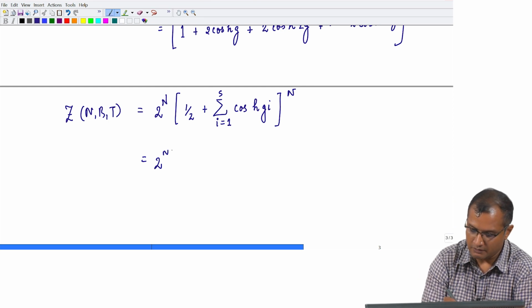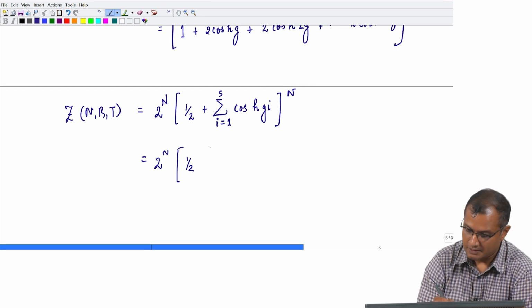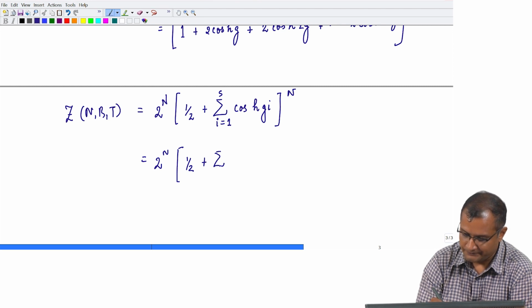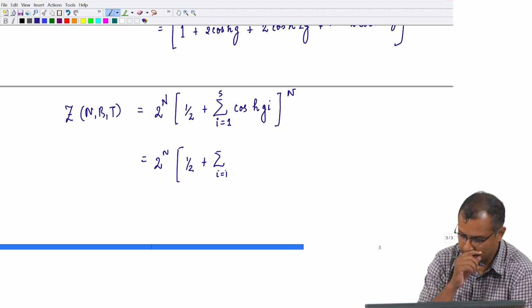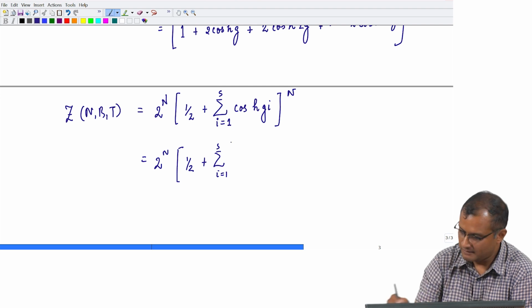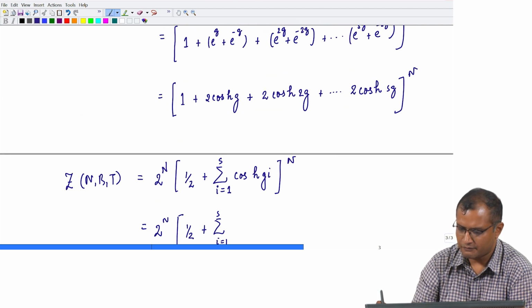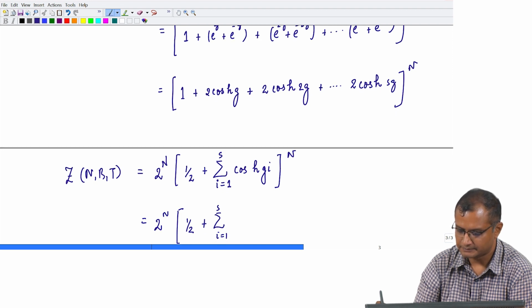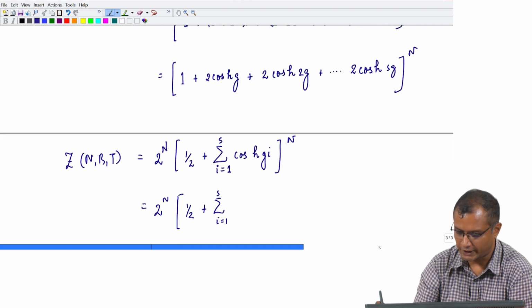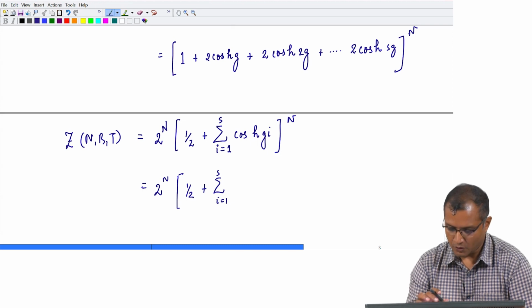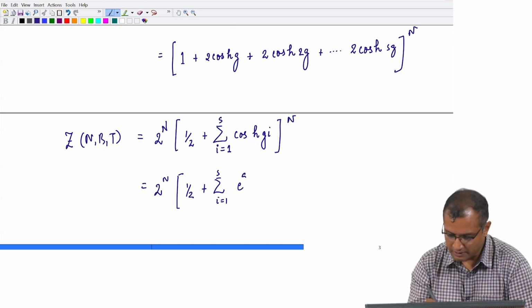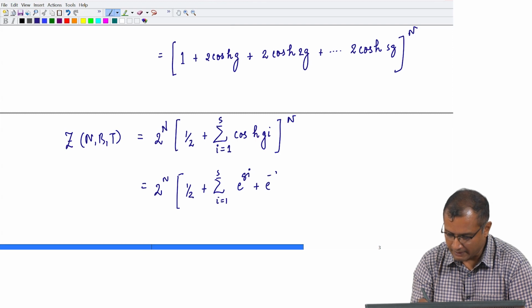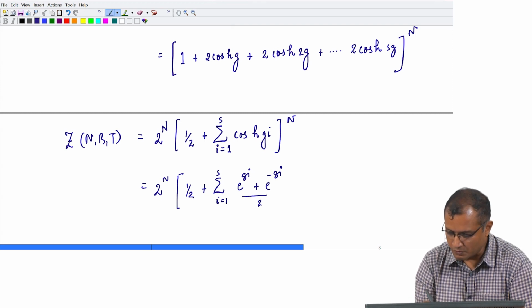So, we can write down this cosine hyperbolic, okay, I could have simplified it there itself, but okay. So, I can write cosine hyperbolic gi as e to the power gi plus e to the power minus gi over 2.